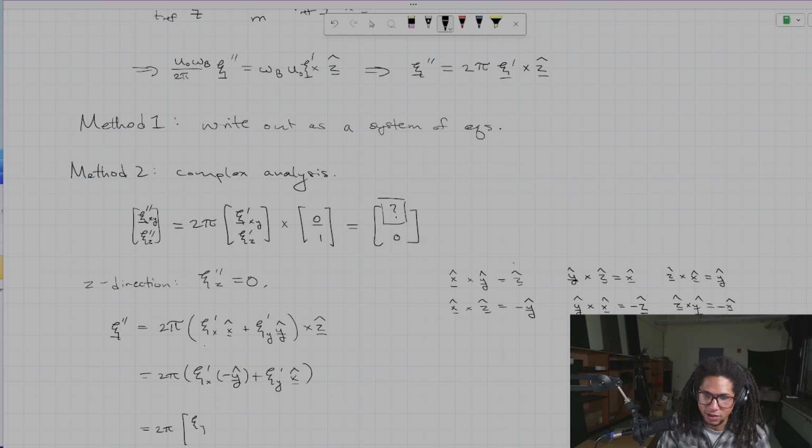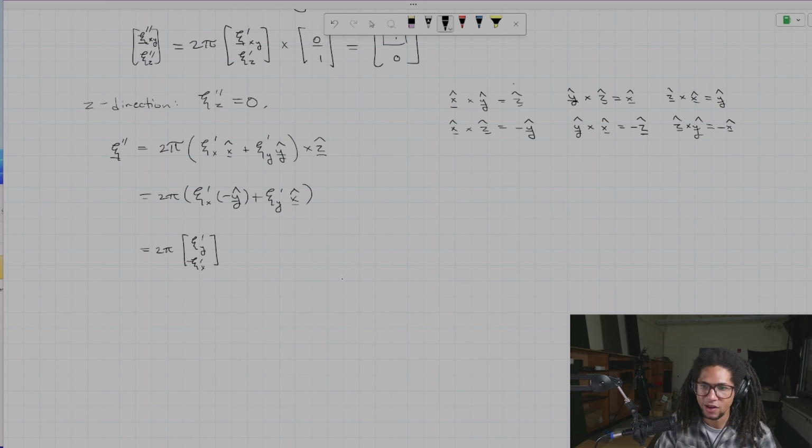So I could write this as cy prime, and then minus cx prime. All right. So now we have our equation written sort of inelegantly like this.